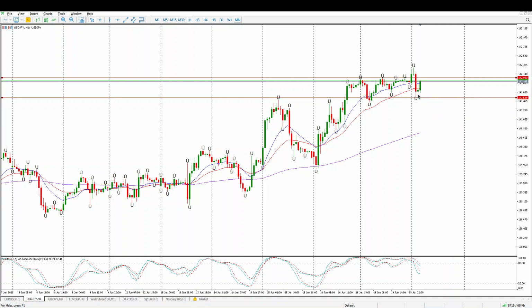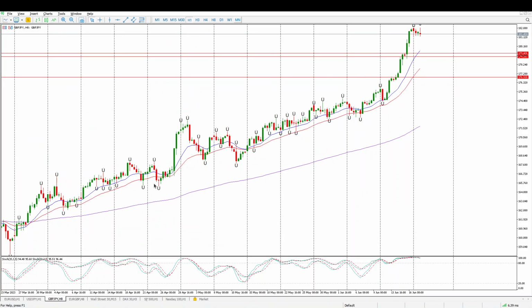That's where I want to see a break, and to the upside, I would want to see 142 be defended and support built on it before looking for a move to the upside. But a little bit skeptical, just based on what's happening with Euro USD and the data that we've had last week. So this here is all over the place right now.